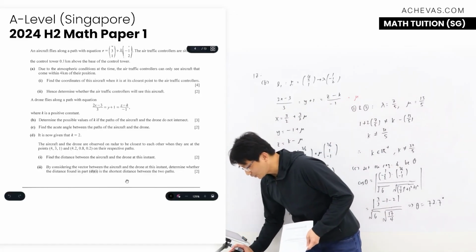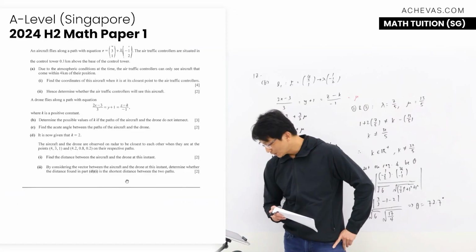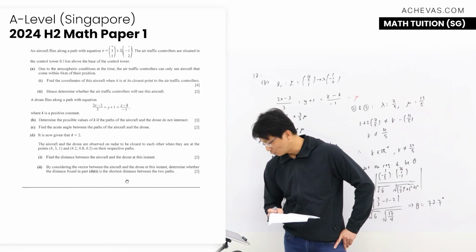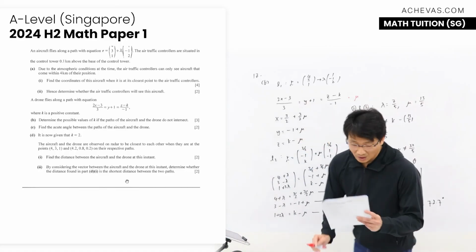Okay, the final part of the question says that it's now given that k equals 2, and the aircraft and the drone are observed on radar to be closest to each other when they are at the points (4, 3, 1) and (4.2, 0.8, 0.2). What is the distance between the aircraft and the drone at this particular moment?